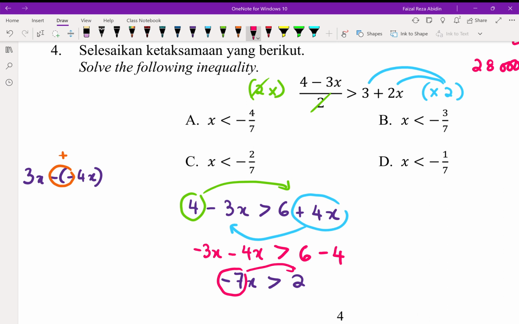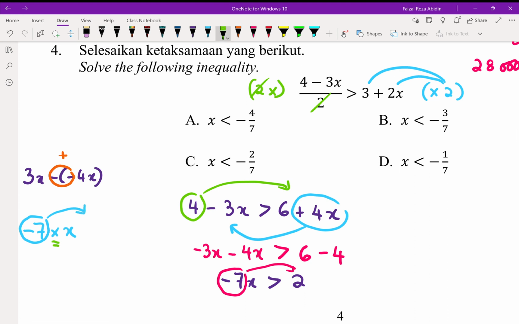Yes. Bila ada x, maksudnya dekat situ ada dua operasi. Two operations there. Times dengan negatif. So, kita akan ambil times lah. Kan kelas, yang ini negative 7 times dengan x kan. So, if I bring negative 7 only, you are going to have what over here? Times.